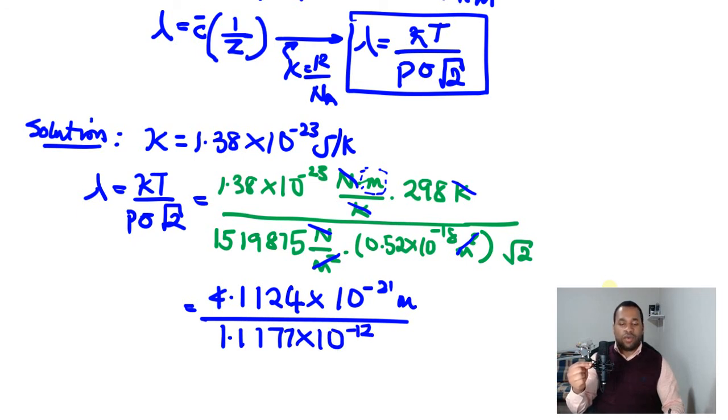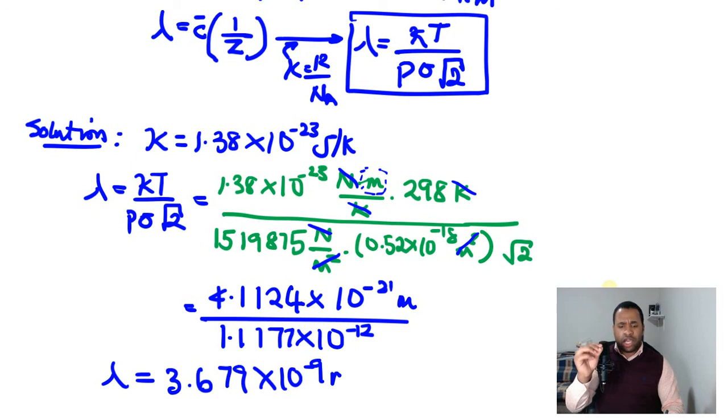And so our mean free path is equal to 3.676 times 10 to the negative 9 meters, which is really close to the specific magnitude for nitrogen gas at 25 degrees Celsius, which we said is around 70 nanometers.